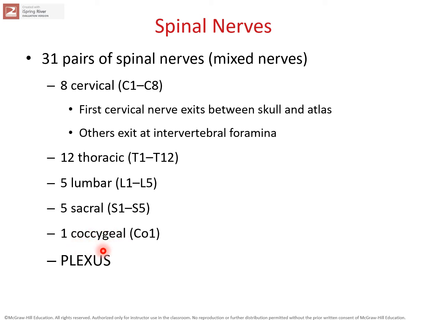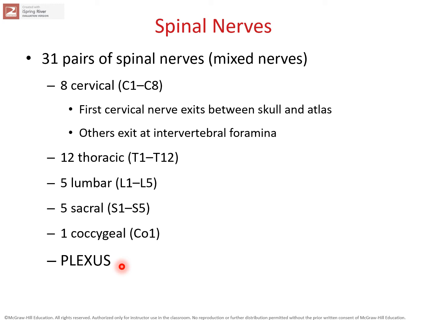And then we have something called a plexus. So the plexus is a highly complicated network of intersecting nerves that serve a particular part of the body. So a plexus is basically a whole bunch of intersecting nerves, and sometimes these nerve plexuses are comprised of both afferent and efferent nerve fibers that arise from the anterior rami of the spinal nerves, and sometimes they merge into the blood vessels.